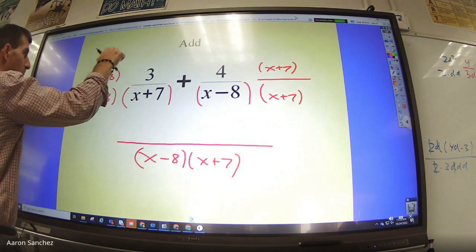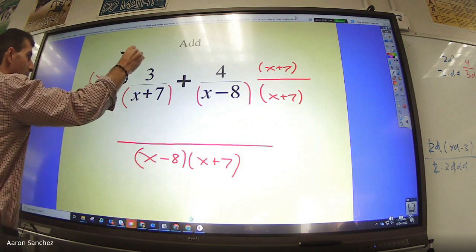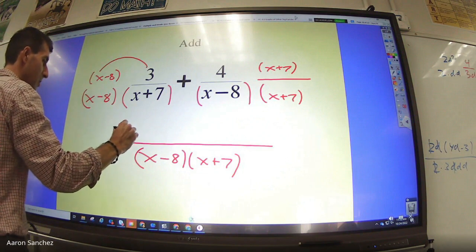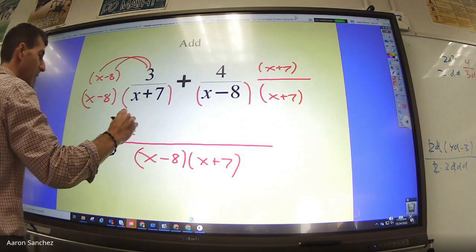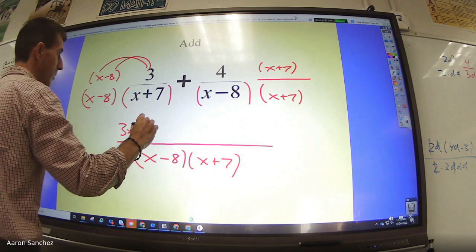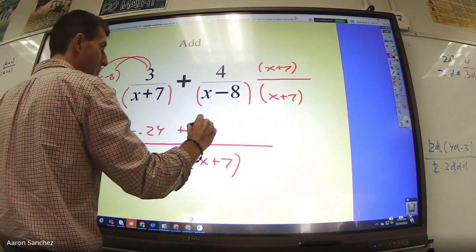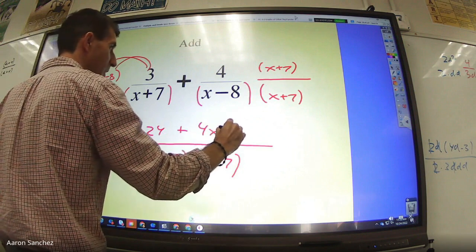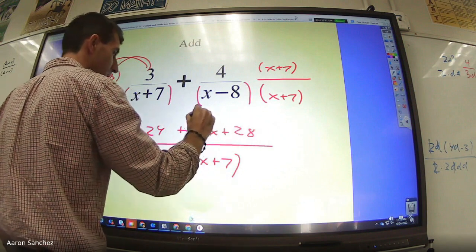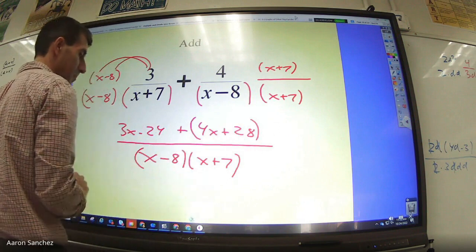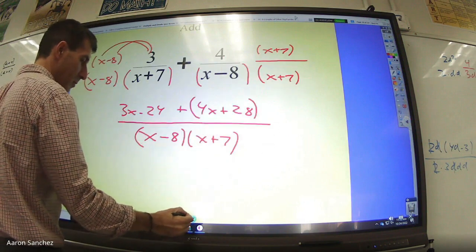So let's multiply 3 times x minus 8. 3 times x is 3x. 3 times negative 8 is negative 24. Plus 4x plus 28. I don't need parentheses there, but I did.